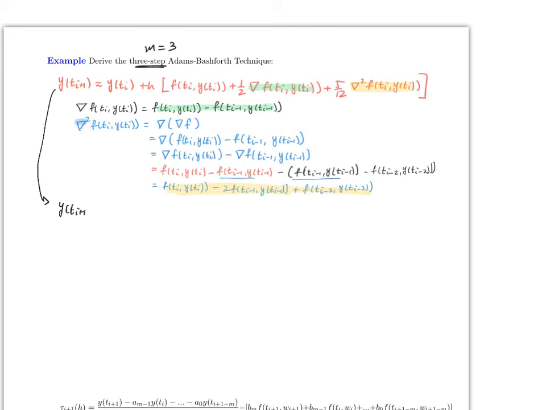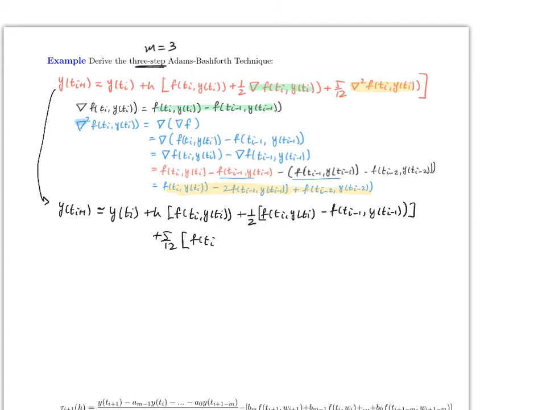The y of ti plus 1 is equal to y of ti plus h times f of ti, y of ti, plus 1/2 of f of ti, y of ti minus f of ti minus 1, and then plus 5/12 times f of ti, y of ti minus 2 f of ti minus 1, y of ti minus 1, and then finally f of ti minus 2, y of ti minus 2.